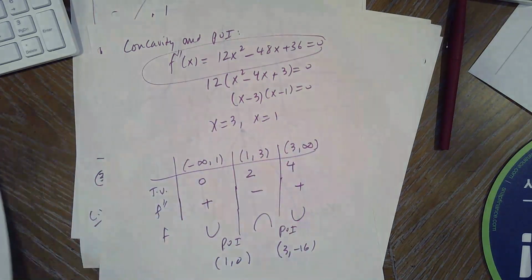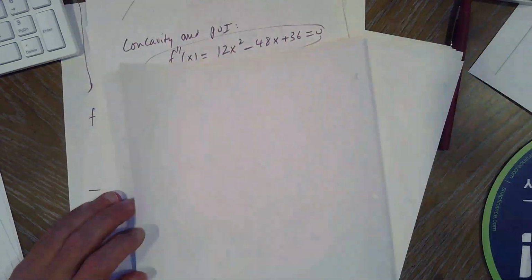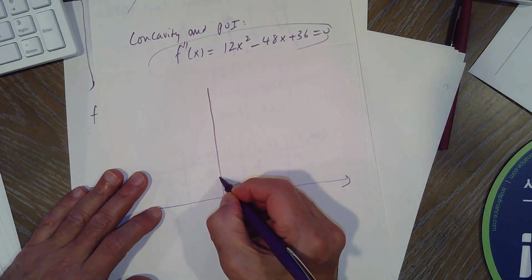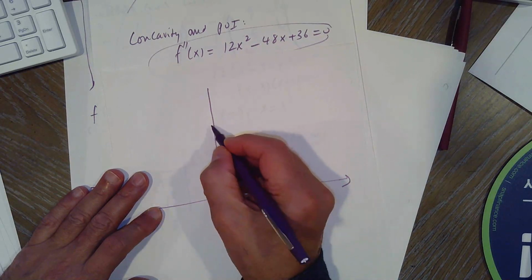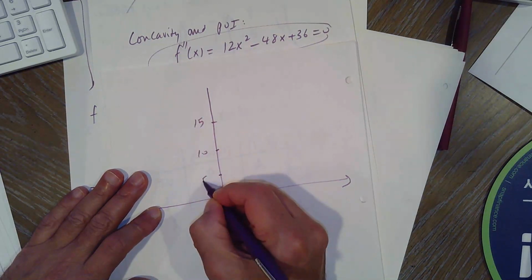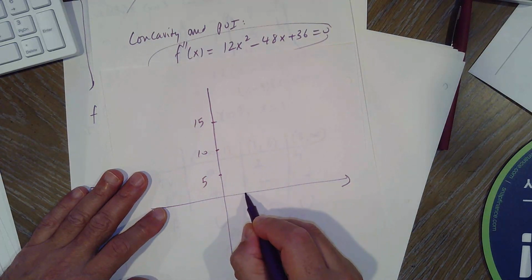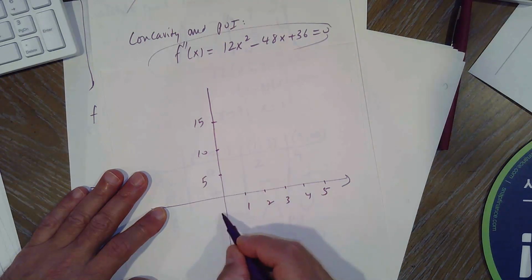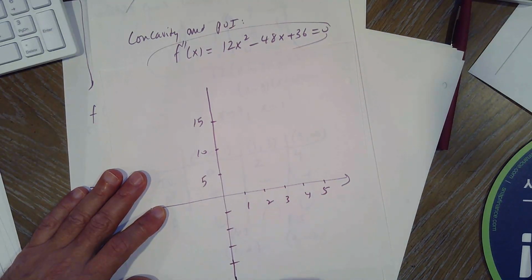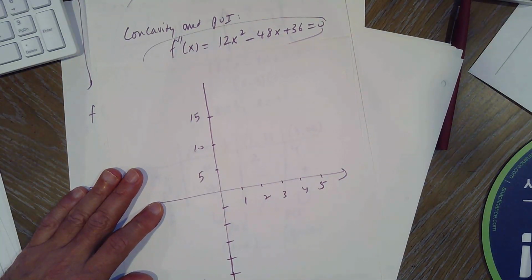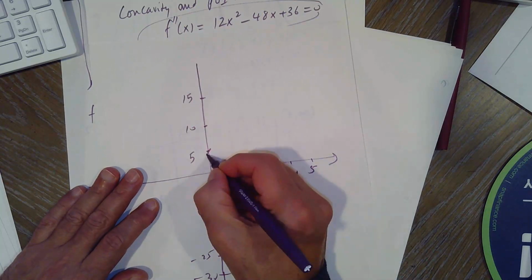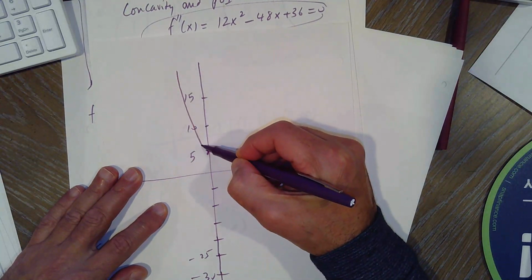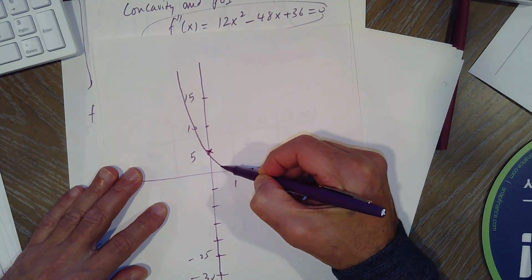And then if you graph it, you can see we already know what the graph looks like. I'll count by 5 because we need bigger units: 5, 10, 15. Here I'm going to do 1, 2, 3, 4, 5. And then negative 5, 10, 15, 20, 25, 30. So we have an intercept at 5. It's decreasing, concave up. And then it does some hugging at 1, 0.